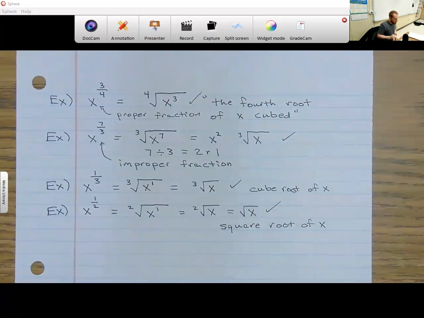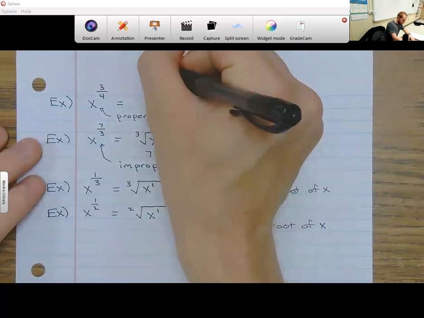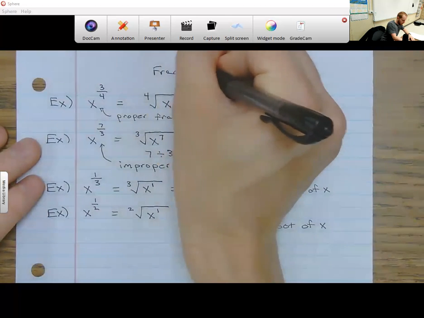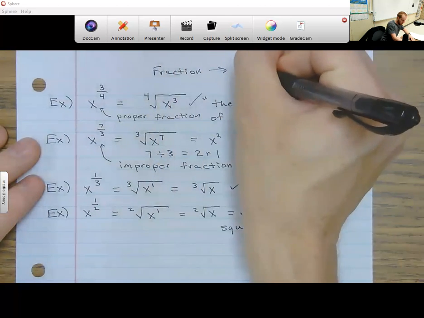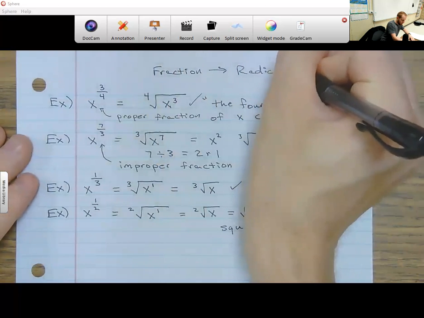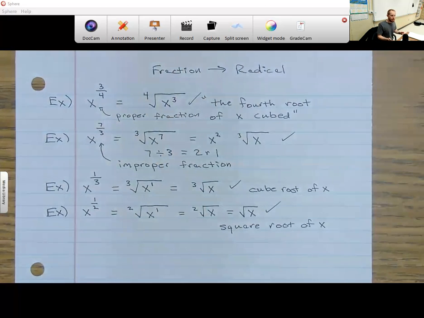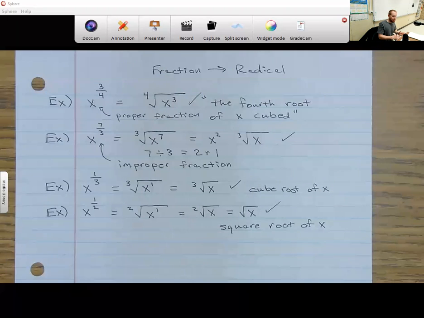Okay, so now we're going to go in the opposite direction. These first 4 examples, we went from fraction to radical, right? But this time, I want to go from radical to fraction.